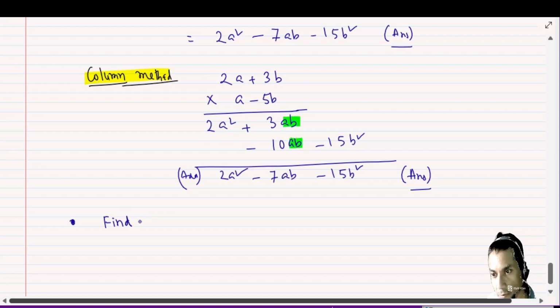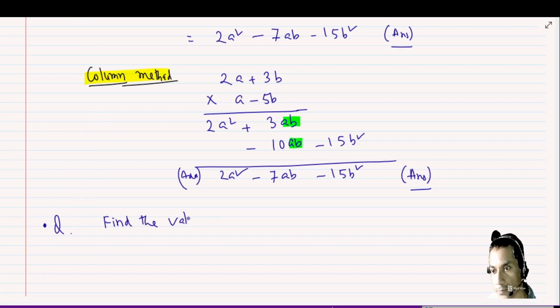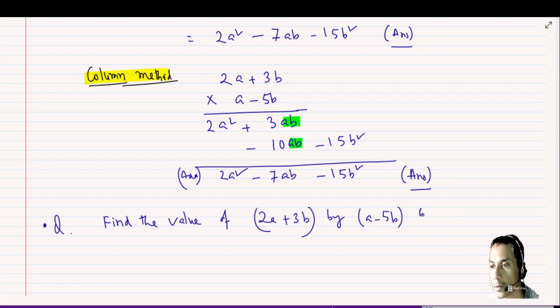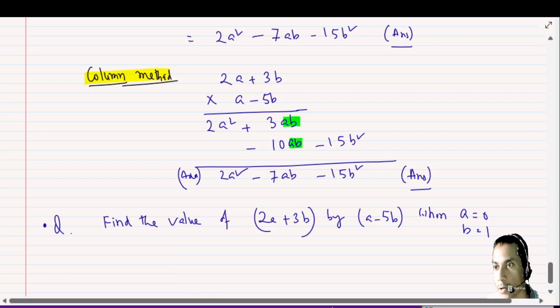For example, find the value of 2a plus 3b by a minus 5b, when a is equal to 0 and b is equal to 1. So how can we solve this? This is the question. So what do you have to do?